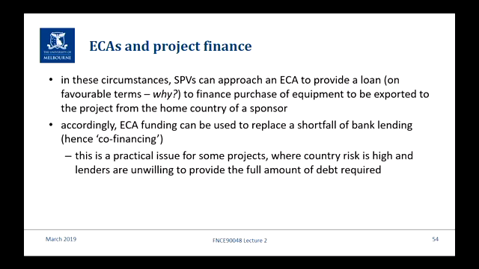Now, the numbers don't always line up exactly, but it makes it much easier to fill any shortfall. And it's a practical issue for those sort of projects where country risk is high, but it's not only country risk, but it is usually.